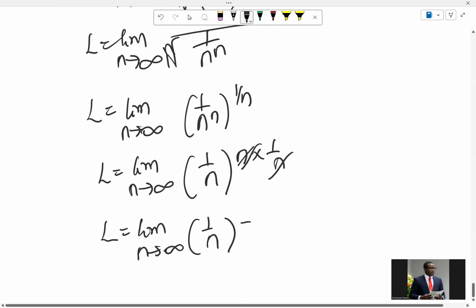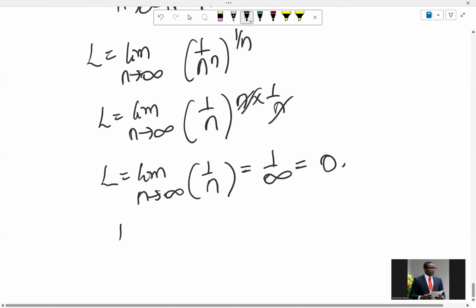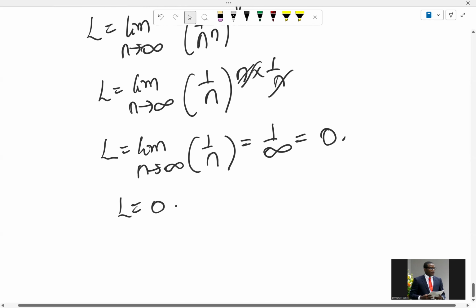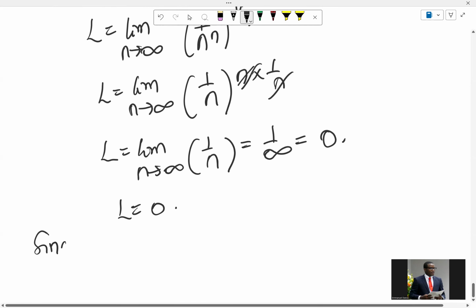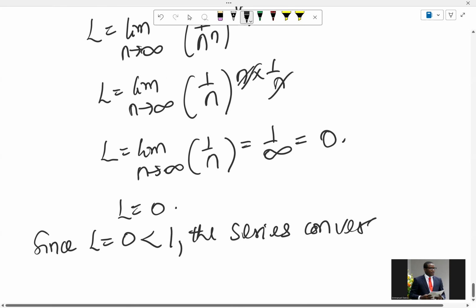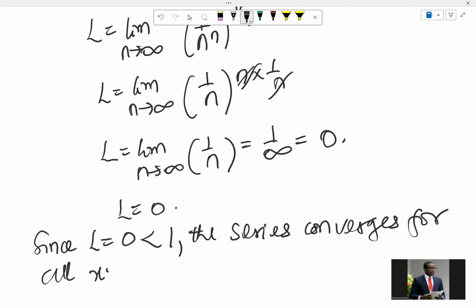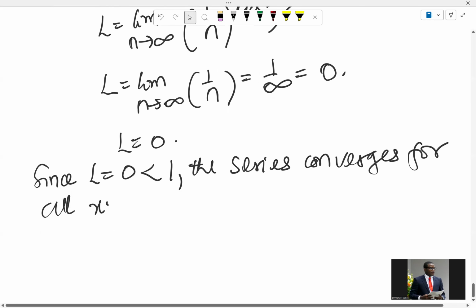That is simply 1 over infinity, which is 0. So the limit is 0, and it's less than 1. Since L is equal to 0 and less than 1, the series converges for all x. The radius of convergence will definitely be the whole minus infinity to infinity, as we had before.